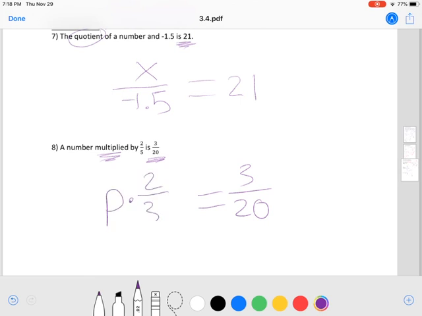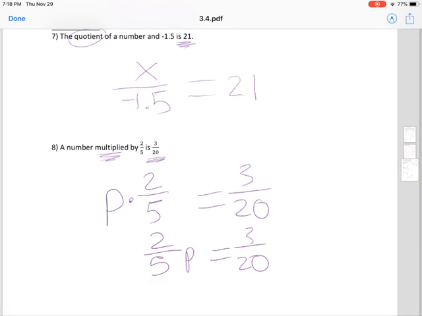I'm going to put that little dot this time. Oops, I wrote 2/3. Multiplied by 2/5. Again, if you wanted to, you could have put 2/5 p equals 3/20. Either will work. So hopefully you guys got those two right and you're feeling pretty confident with this lesson.